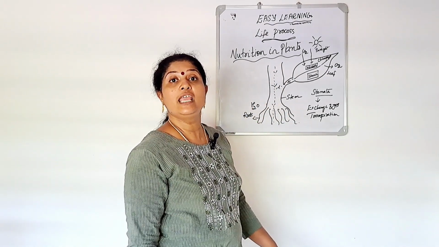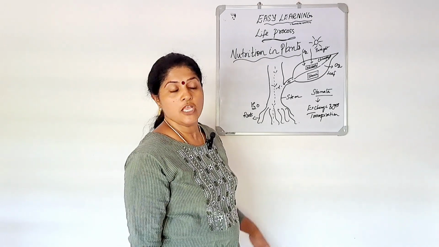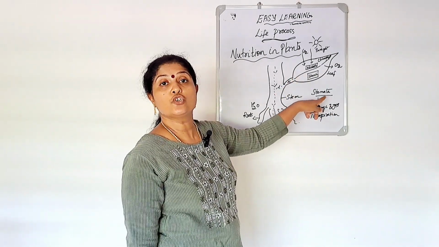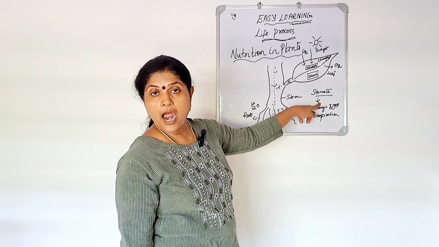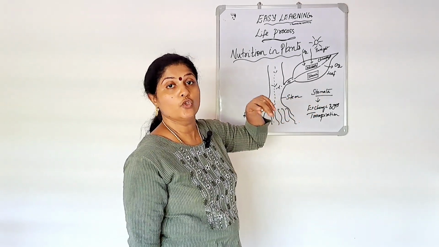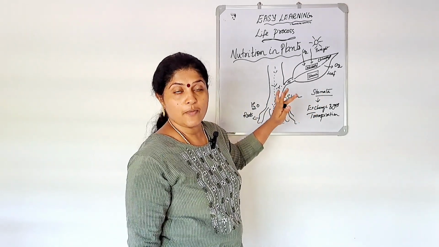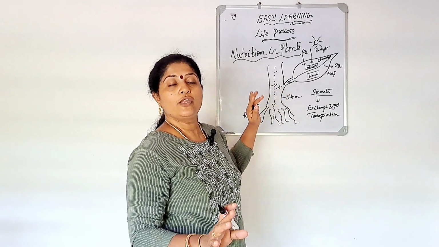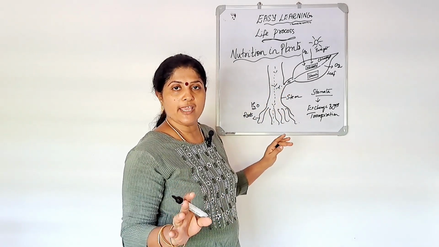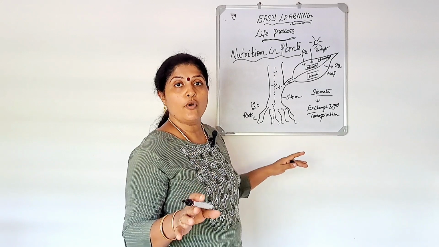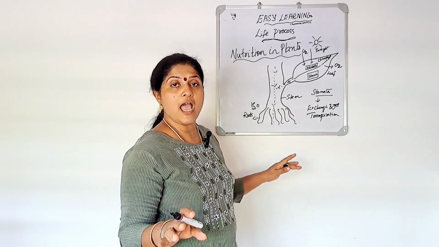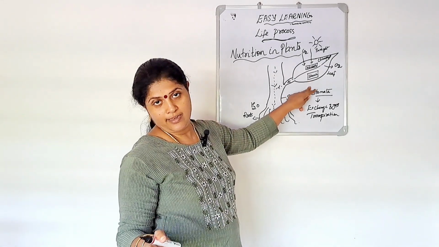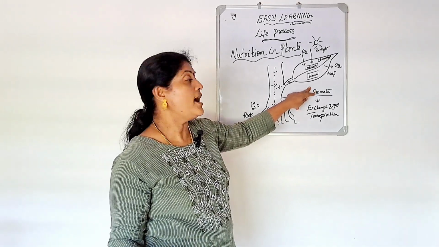But the food is not fully utilized by the plant, so the excess is converted and stored in the form of starch. So the stored food is starch, and the prepared food is glucose. The starch is stored in the leaf.